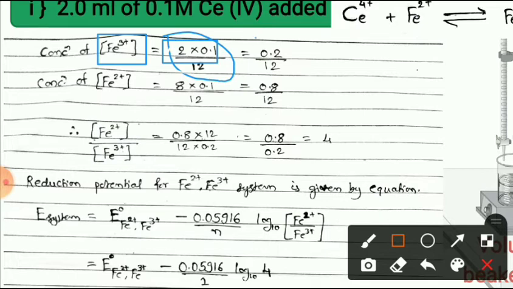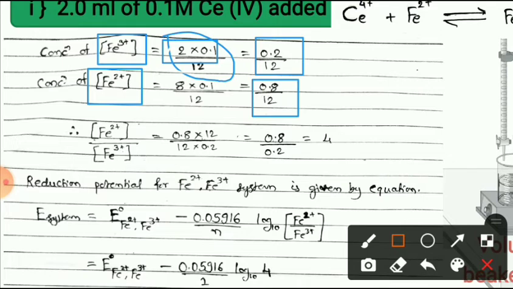So we get 0.2 divided by 12. In the same way, the concentration of Fe2 plus is 8 into 0.1 divided by 12, so we get 0.8 divided by 12.